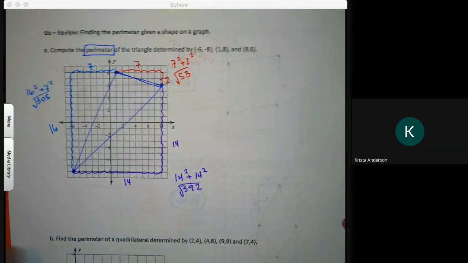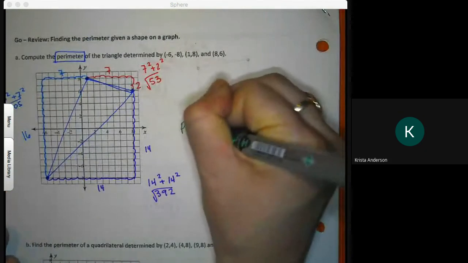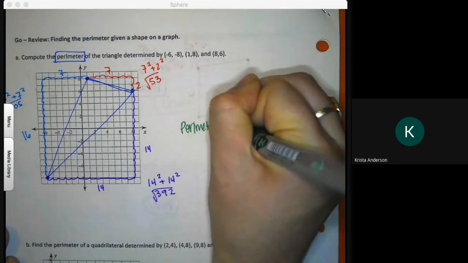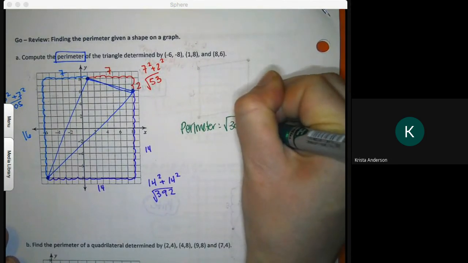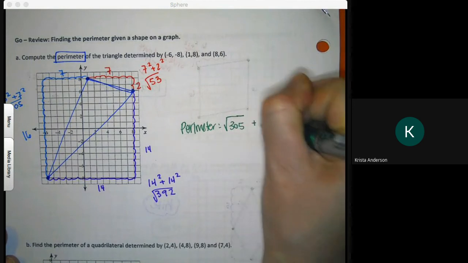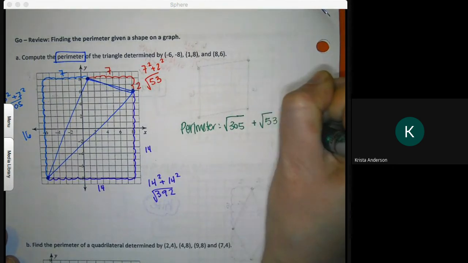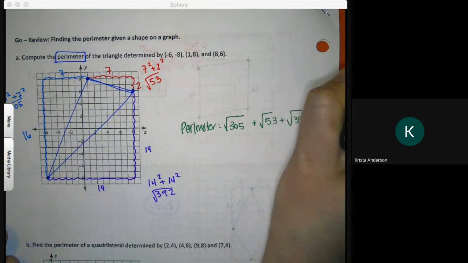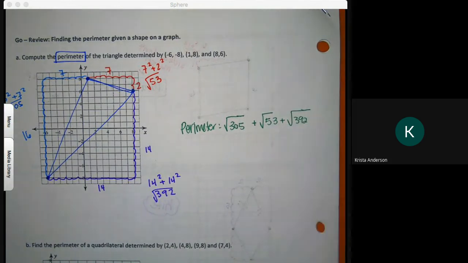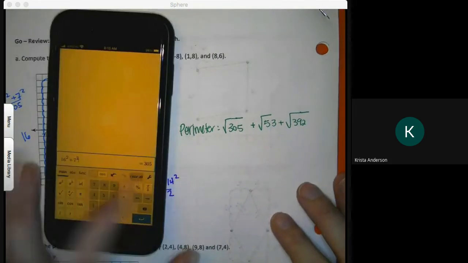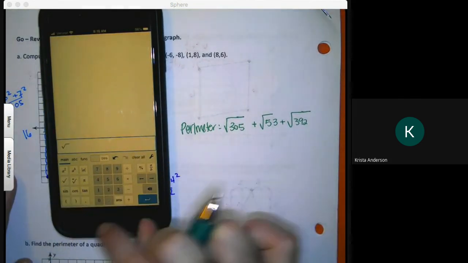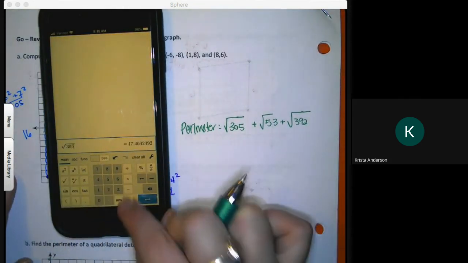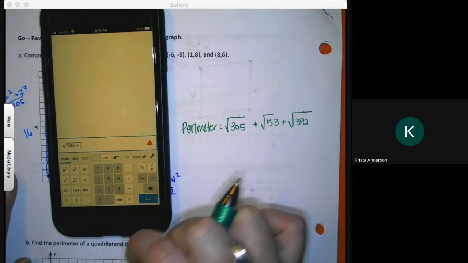Then I take all 3 values and add them up. The order does not matter. Just make sure when you are typing it in, you make sure that the plus sign isn't under the radical.